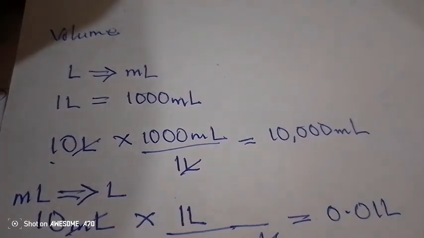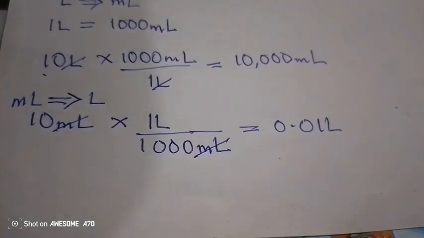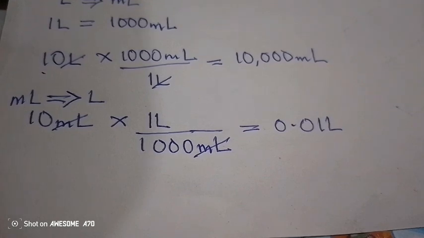The same way we can go conversion from milliliter to liters. Now, this time we are going from the lesser to the greater quantity. Hence, the relationship will be used to divide the value you are converting.